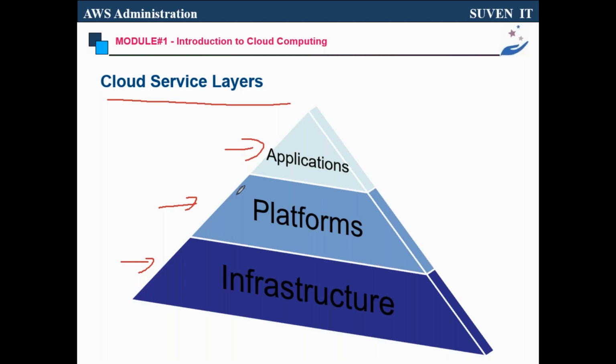There are three layers in cloud: infrastructure as a service, platform as a service, and software as a service. That means you are getting IT infrastructure as a service. If you are not clear about the term or the meaning, let me know. I will explain it one, two, three, ten times also.